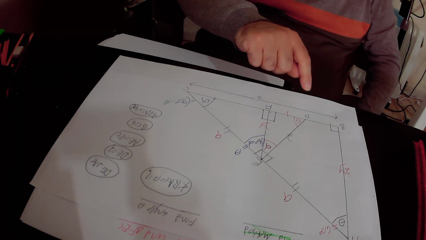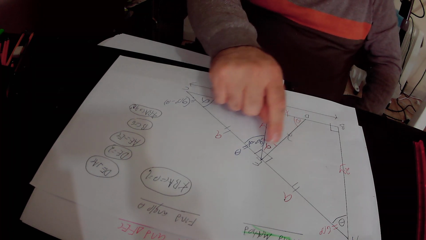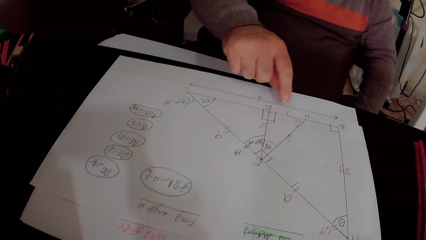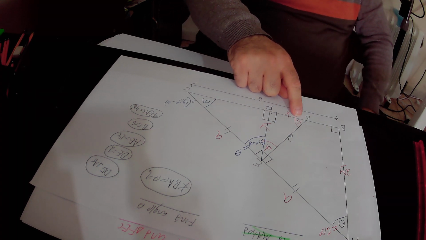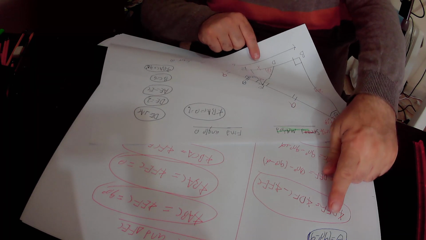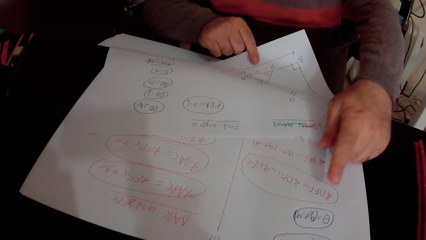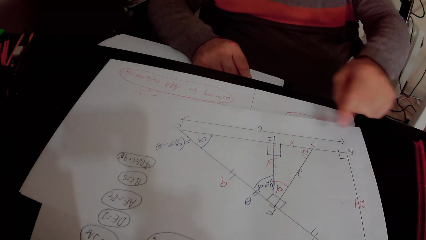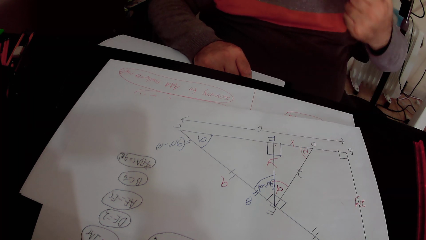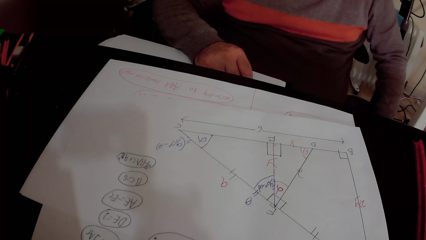So in the right triangle DEF, if this angle equals alpha and this angle equals 90 degrees, this angle must be equal to 90 degrees minus alpha. But we know that 90 degrees minus alpha equals theta, so we can substitute theta for 90 degrees minus alpha. So we defined this angle as angle theta.